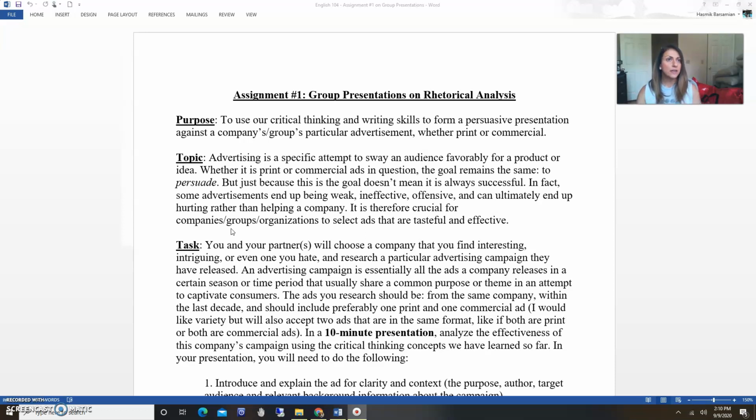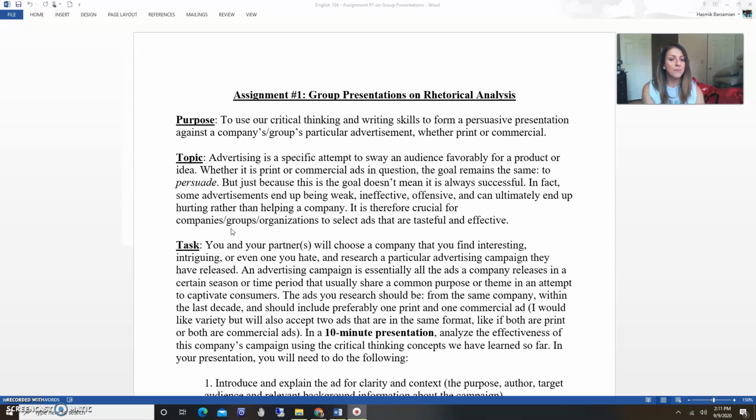If I'm a giant of a company like Amazon, okay, I'm making a lot of money every day. People use Amazon on a daily basis, but that doesn't mean that every single advertisement Amazon releases is going to be rhetorically strong. So our job is to approach these advertisements in a critical way. We're looking at their argument.